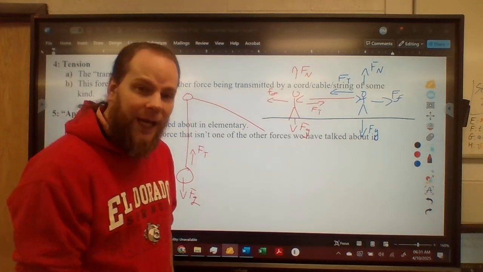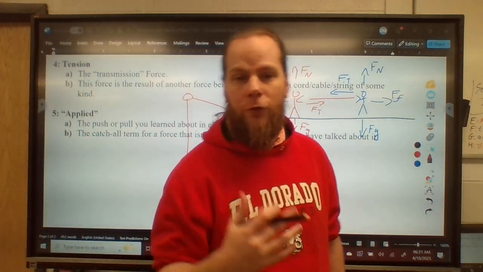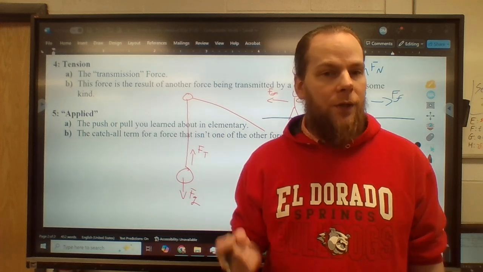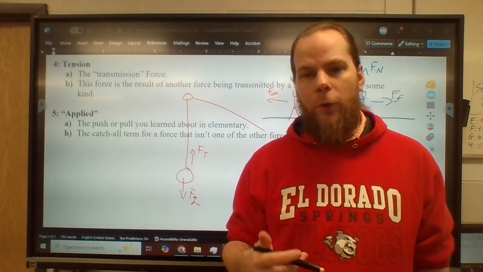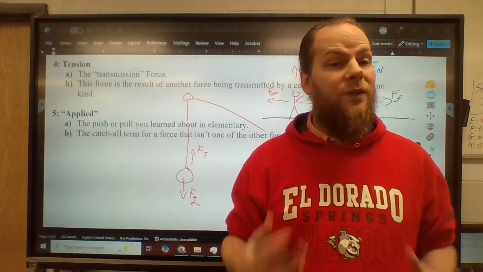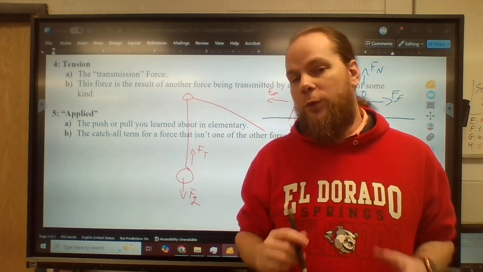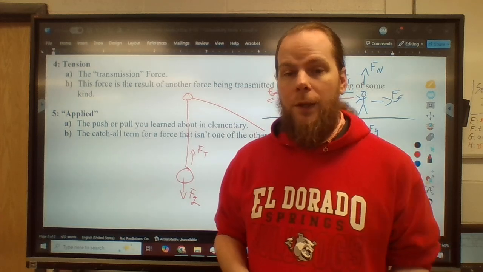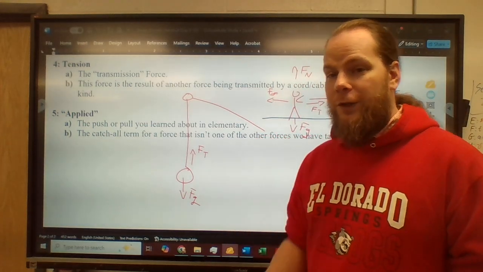Anytime you have a chain or a rope or a cable or a string of any kind, there's going to be tension in that string. Okay, we're going to call it line. Anytime there's any kind of line, there's going to be tension in that line. Okay, that's what dictates whether tension is present or not. Okay, that's pretty much it for tension.